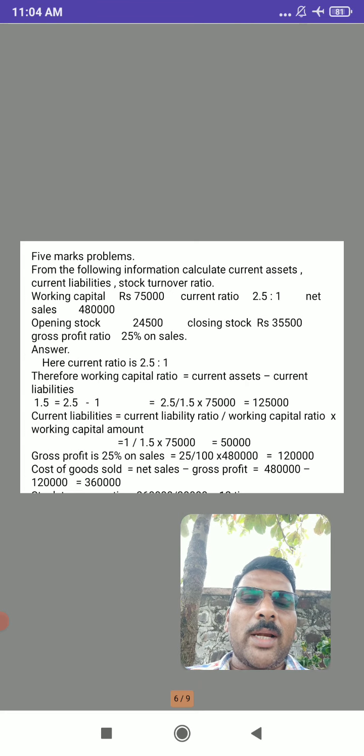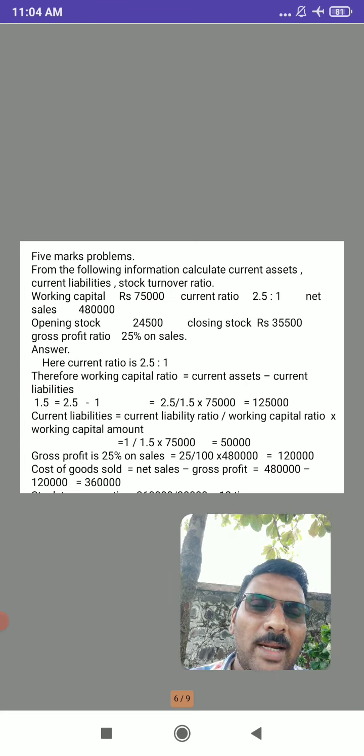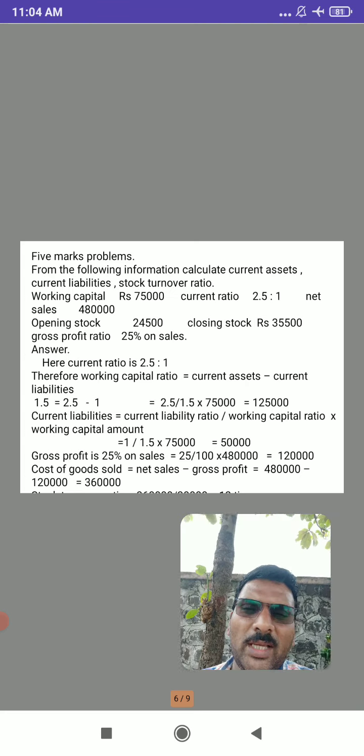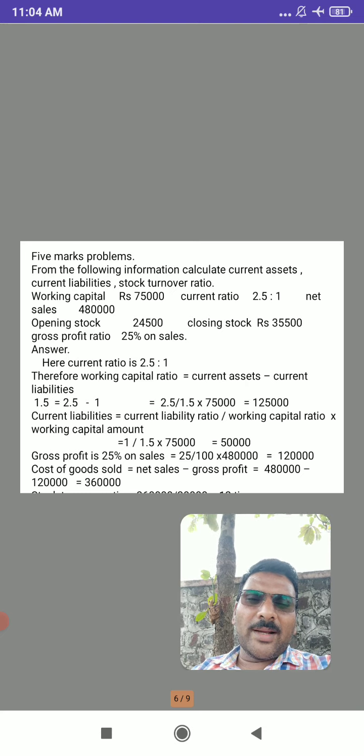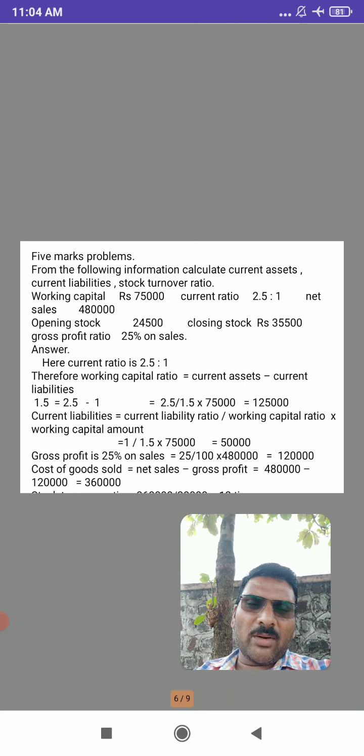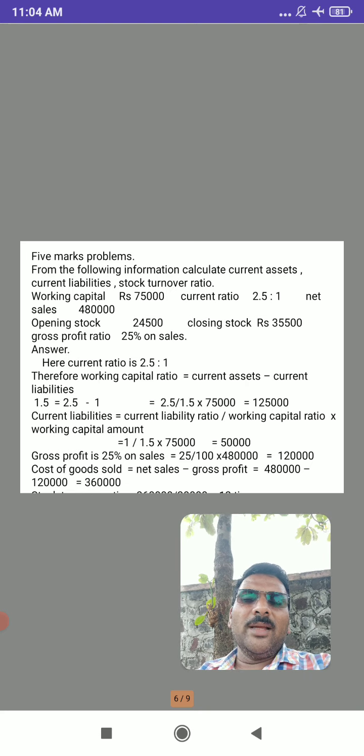Now we have to calculate current liabilities. 1 divided by 1.5 into 75,000, and we get current liabilities as 50,000. So from the given information we first calculate current assets, then current liabilities. By using these equations we have calculated current assets as 1,25,000 and current liabilities as 50,000.